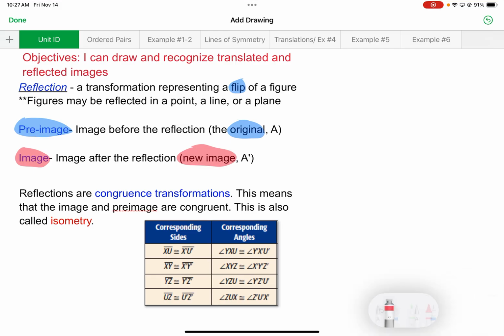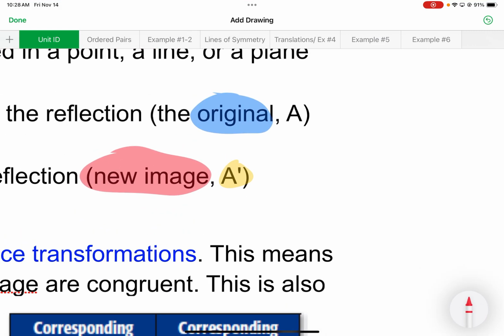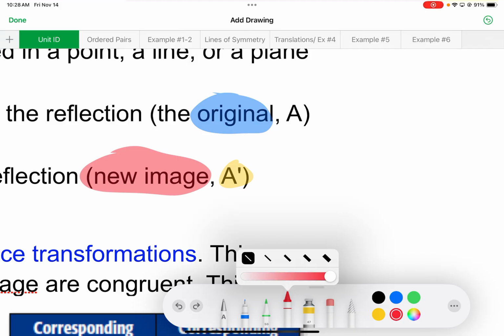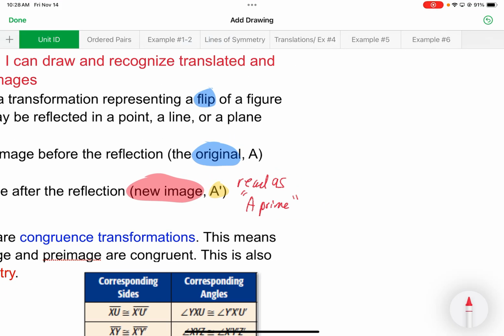Notice there is an A, and then there is an apostrophe on that A. I'm going to write this for you guys, but this would be read as A prime. So this is pronounced A prime, the part that's highlighted in yellow there. Anytime we do some sort of transformation, we'll put an apostrophe on that letter, whatever it is, and we'll call it prime.